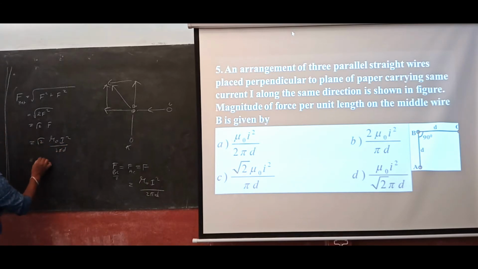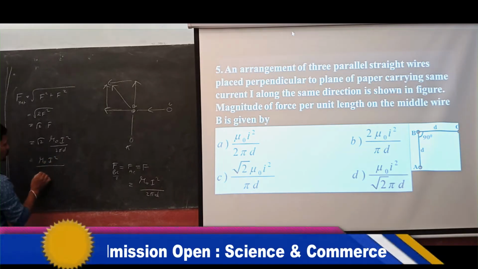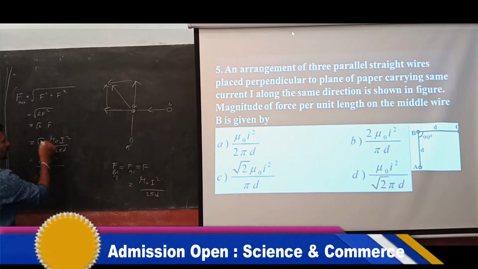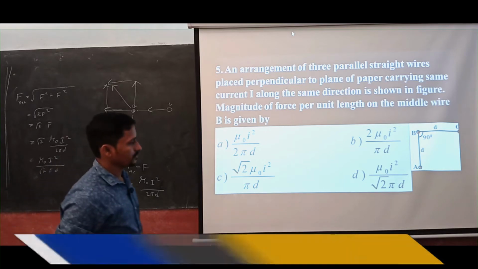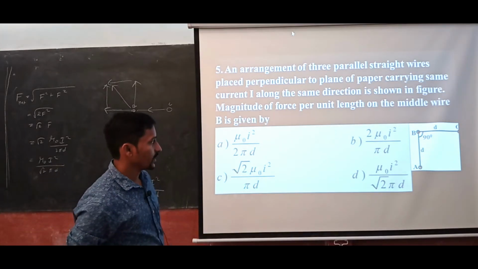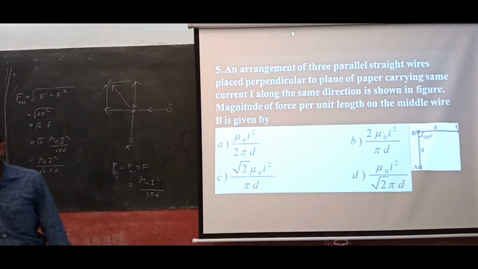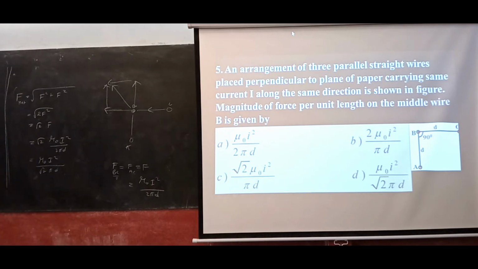Now mu naught I square divided by, I can write root 2 into root 2, so 1 root 2 cancels, giving mu naught I square divided by root 2 pi d. Option is D, isn't it? You are going to get option D.